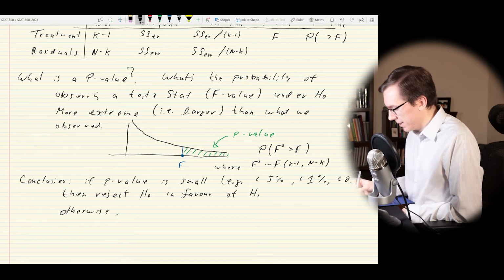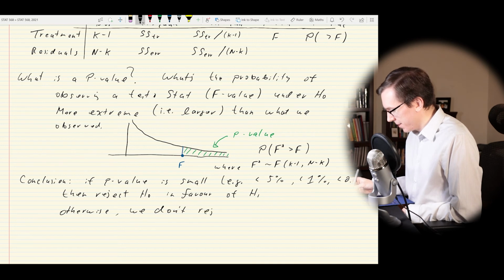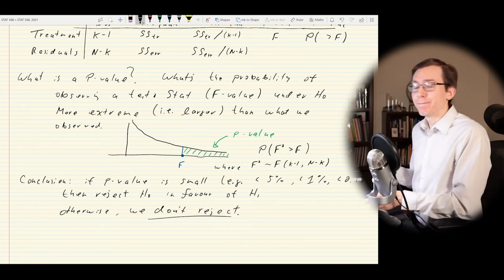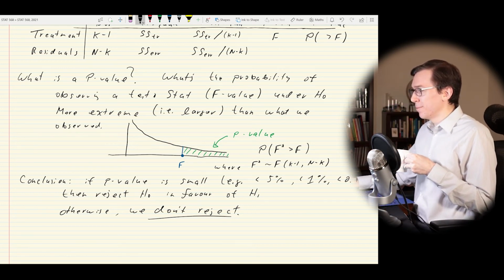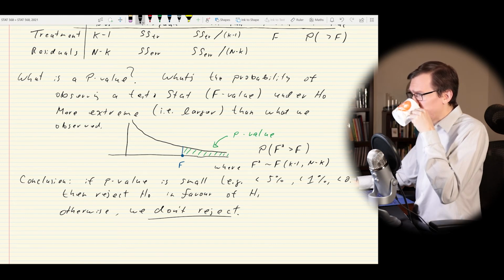Otherwise, we don't reject. A bit of a double negative, but again, it's the pedantic way to say it. And that's more or less what we're doing here.